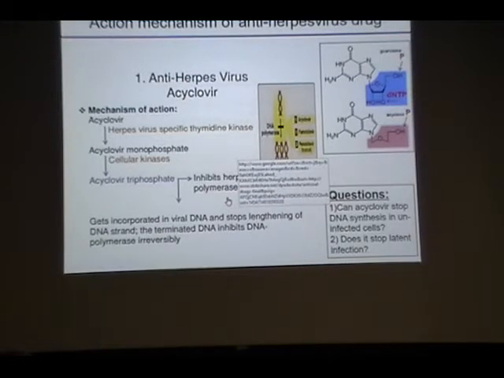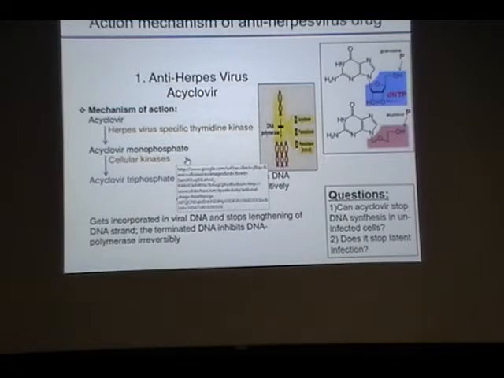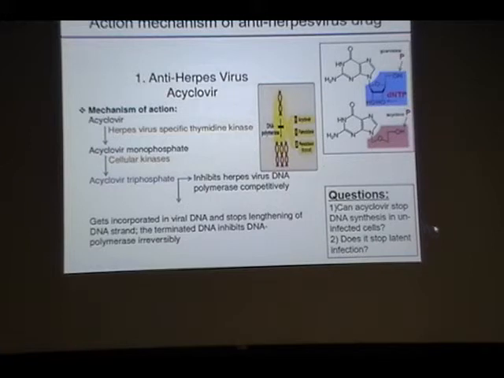This promoter comes from a tumor cell. Basically, this promoter is only active in tumor cells. In normal cells, this viral gene cannot be expressed. So only tumor cells get it expressed. Okay, so that's why the drug is specific for tumor cells, not normal cells.